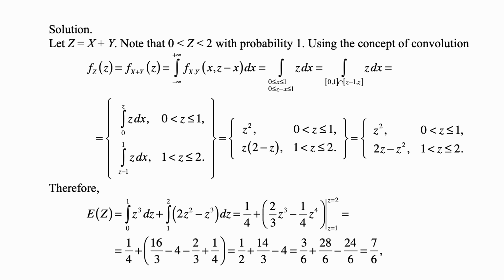Okay, well that's basically the integral over the region where x is between 0 and 1 and z minus x is between 0 and 1 of z dx, and that's the integral over the intersection of [0, 1] and [z minus 1, z], because that's the interval where z minus x is between 0 and 1.